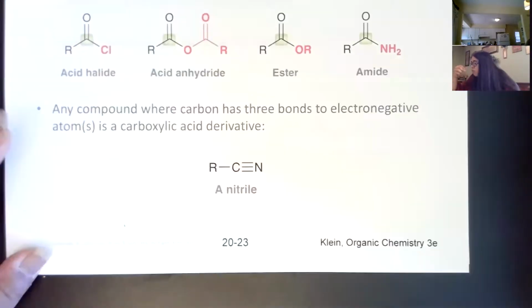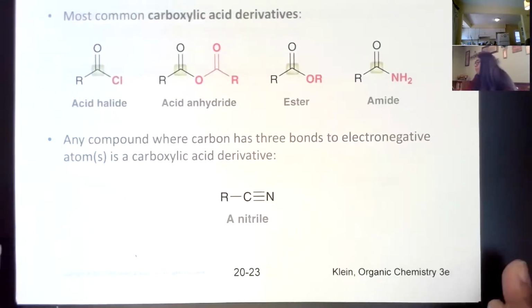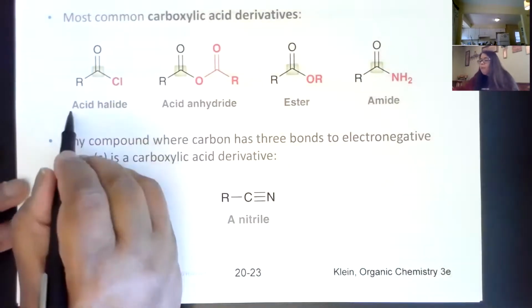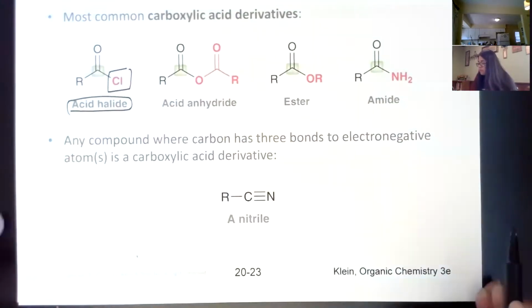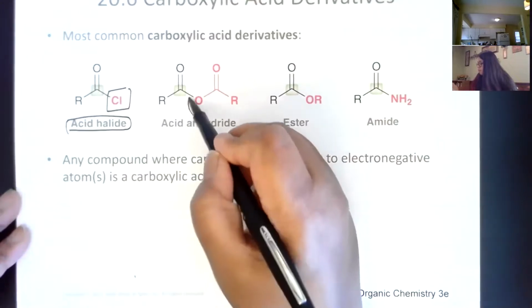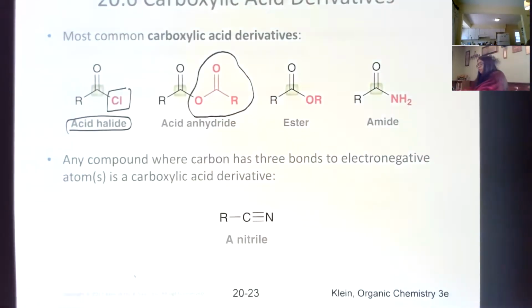So what are the different derivatives? At least we need to know what they are. This is the acid halide. Okay, you have a Cl there. You've used this before. You remember for which lab? The acid anhydride.